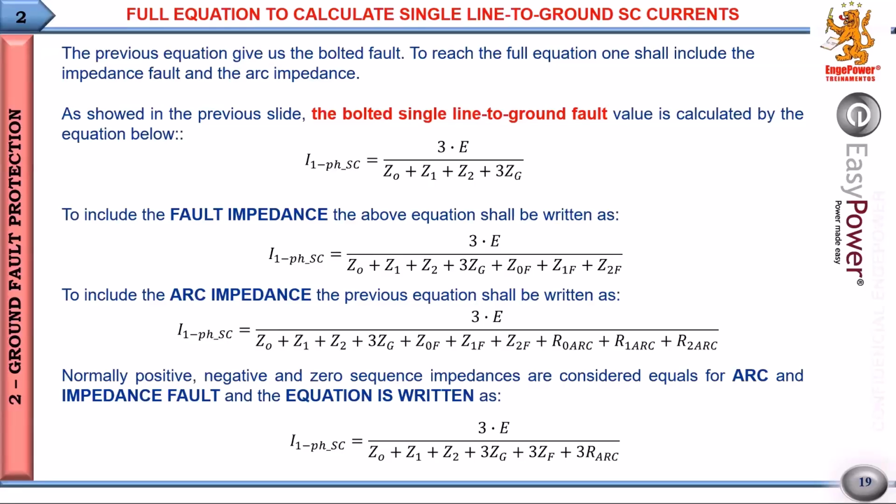So normally they are the same, 3 times this value. It is different from this 3 times because here it is from neutral to ground. Here it is between phase and ground. And for arc impedance, arc normally has a resistive behavior, so it is 3 times the resistance of the arc. Okay, this is the full equation.